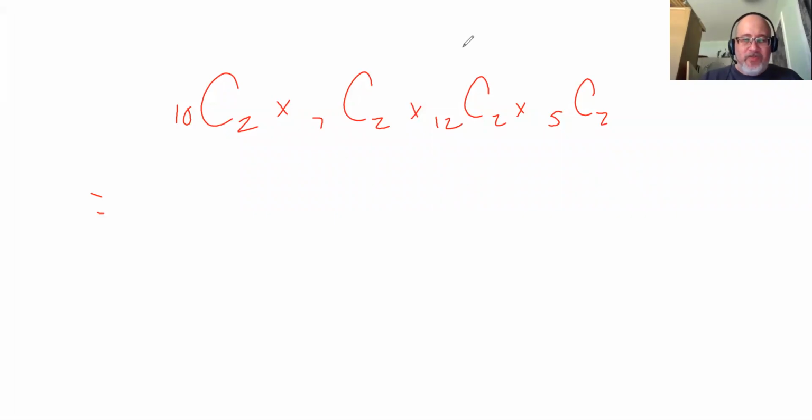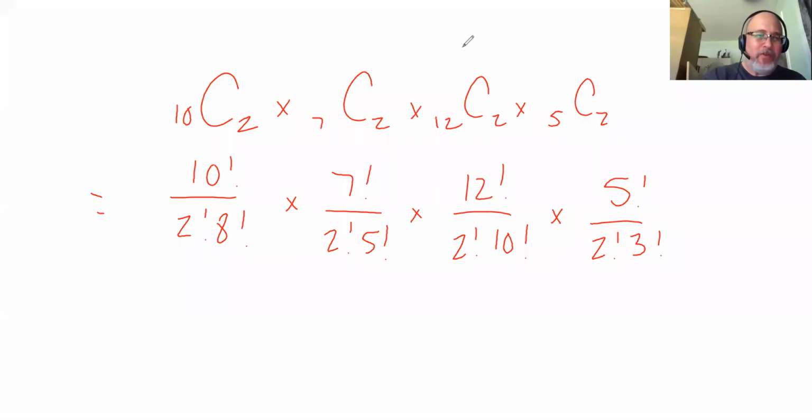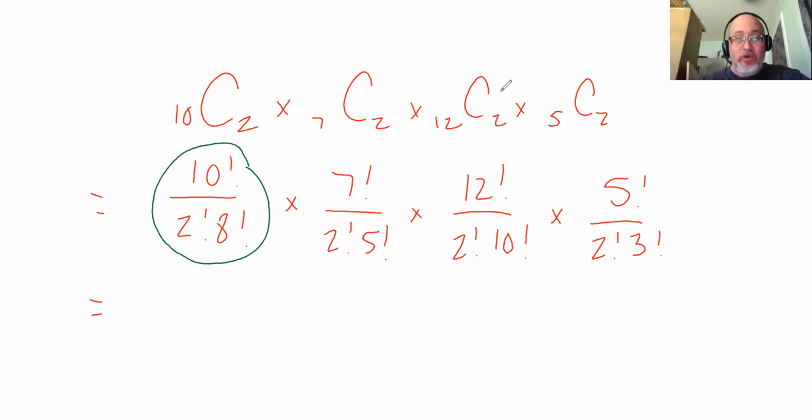If you were to set up each of these individually, like we did before, they would look like this, just using the formula for combinations. You could also choose to look at this as 4 smaller problems instead of 1 larger problem. For example, if you just looked at this problem by itself and worked it out on its own, you should get 45.